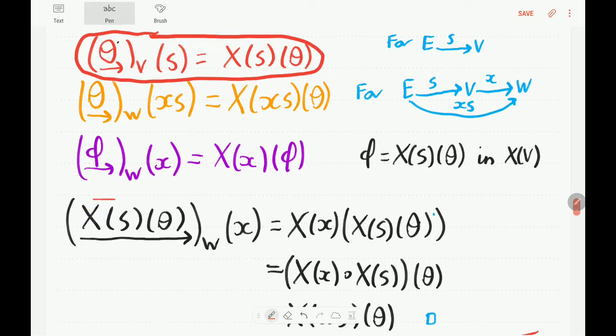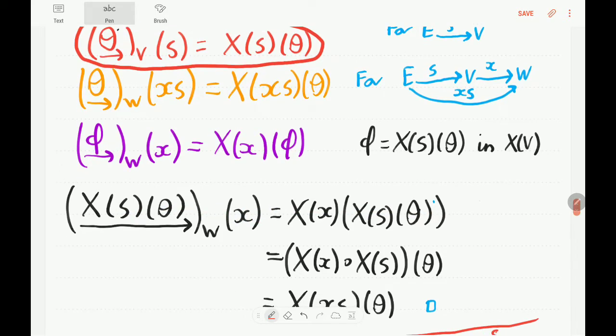And what we get is that if we do the W component of the natural transformation corresponding to X of S of theta on x, then the result is going to be capital X of little x operating on capital X of S of theta.